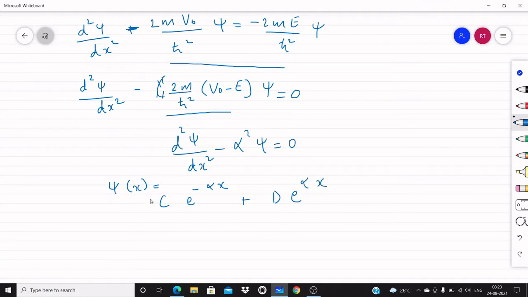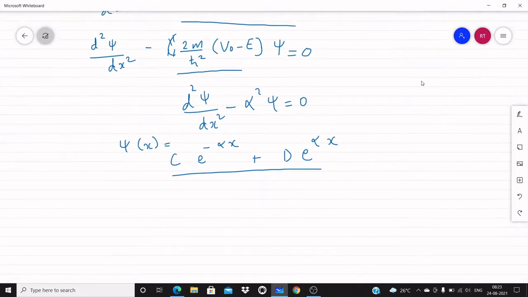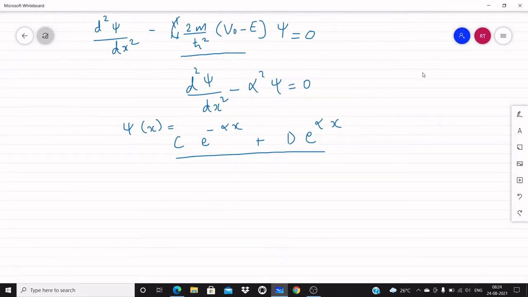Let us consider this as the possible solution to this equation. And now our task is to analyze the possible values of these two terms.